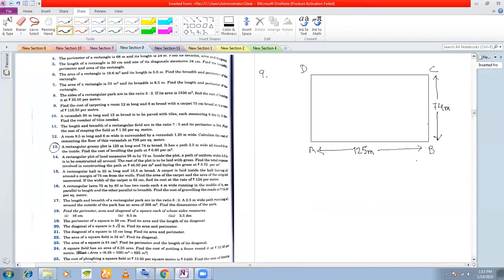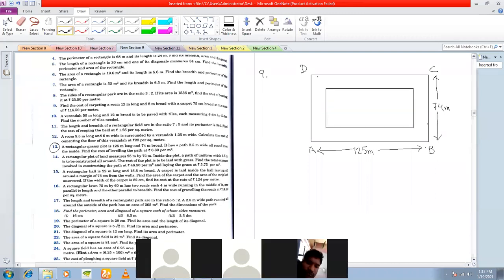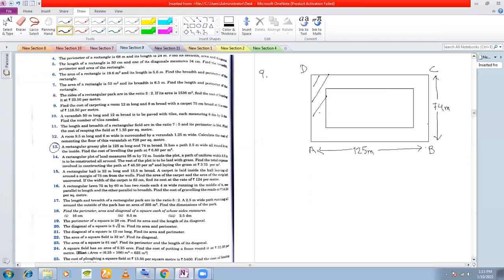It has a path 2.5 meter wide all round on the inside. So that means there is an inner rectangle here, and this has a path. This is the path, the shaded part.